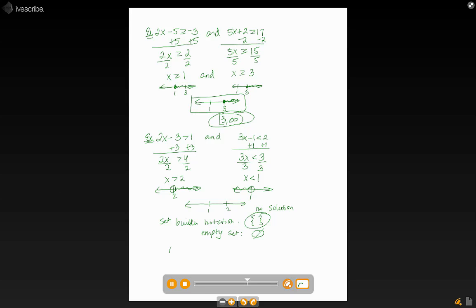The intersection symbol, if you draw a line through it, looks like an A for and. Write that down. All right. Moving on.